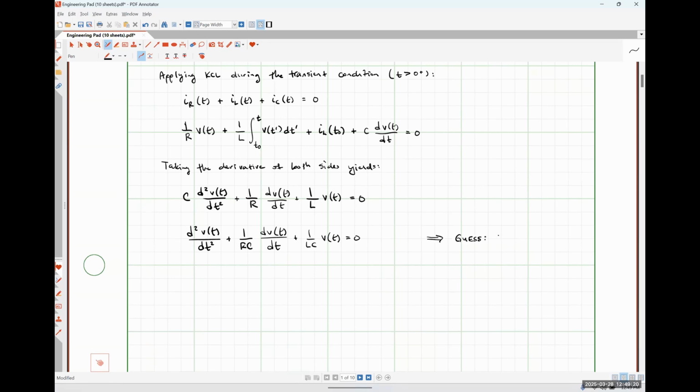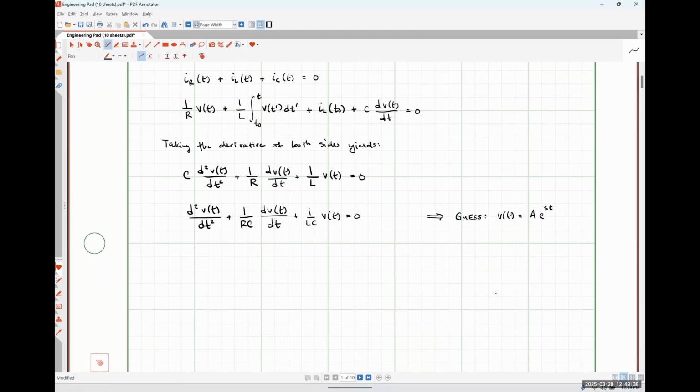So let's say that V of t is equal to A e to the st. Exactly the same guess that we used back in circuits 1. So if I plug this value in, what's the second derivative of A e to the st going to be? My first derivative is going to be s times A e to the st.